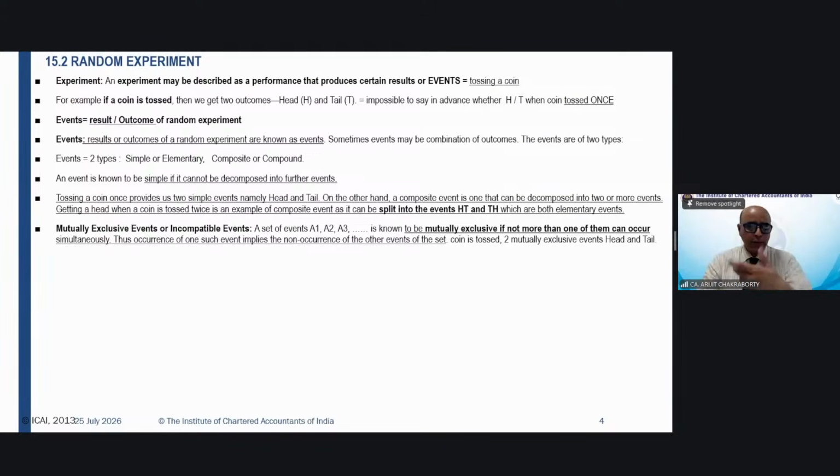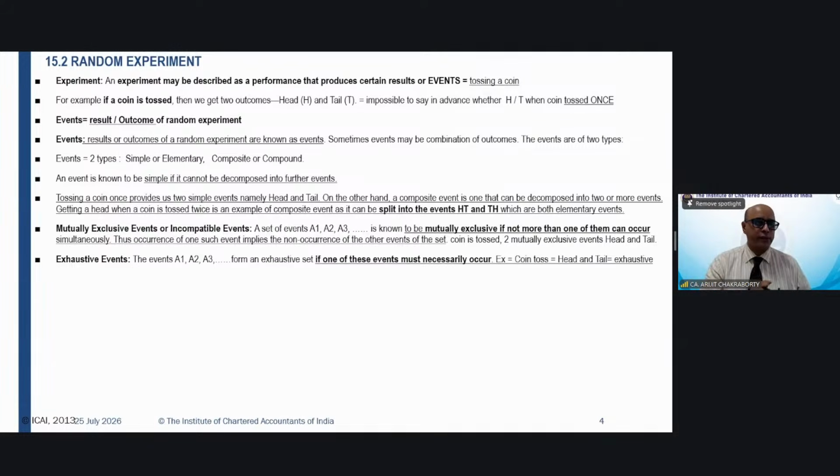Head means you're getting a head. So you cannot get a tail in the same throw of the coin. So these are mutually exclusive events because the occurrence of a head immediately prevents the occurrence of a tail. So therefore, coin tossing is an example of a mutually exclusive event.